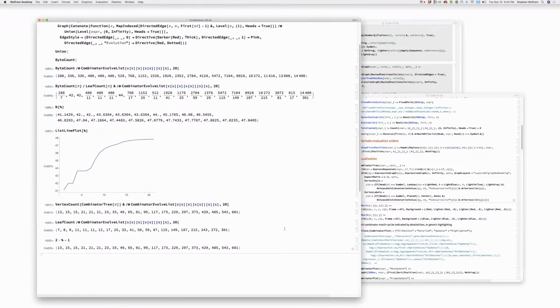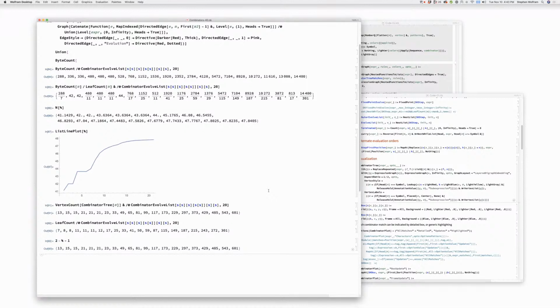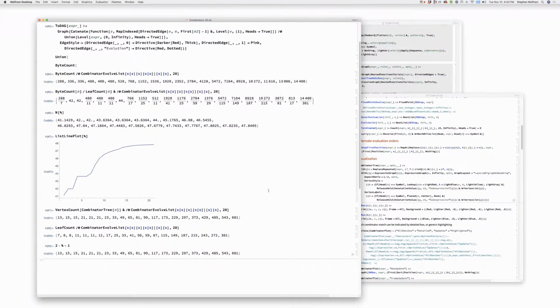Is Ed with us, by the way? Well, it makes sense because every time you add the vertex to the tree, you decrease the number of roots by 1. Right. Okay, so I want to show you the thing I was doing yesterday.